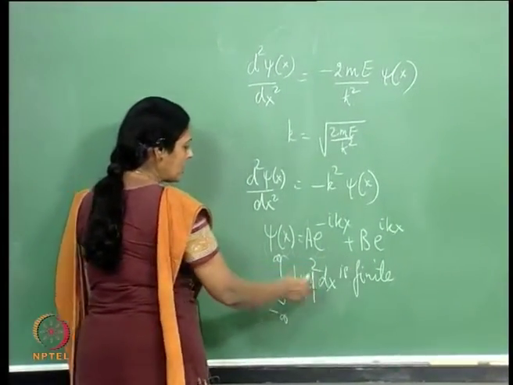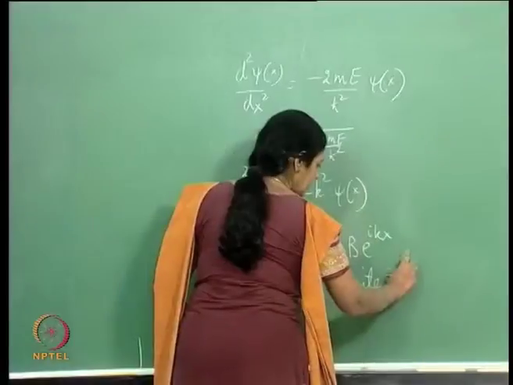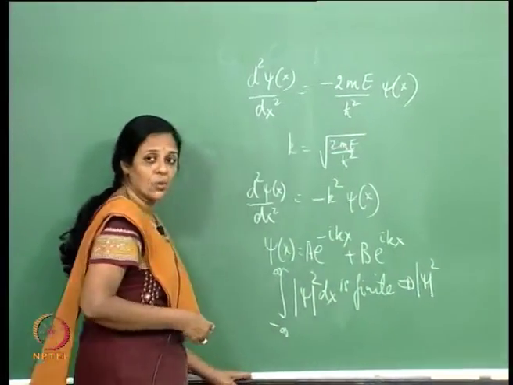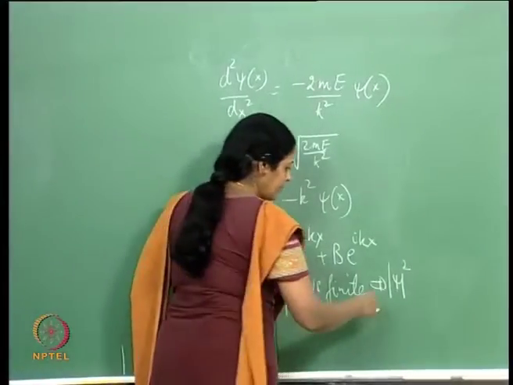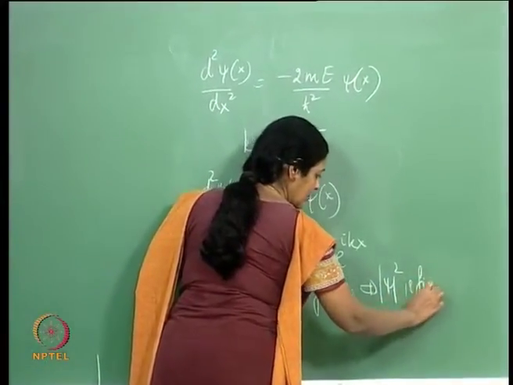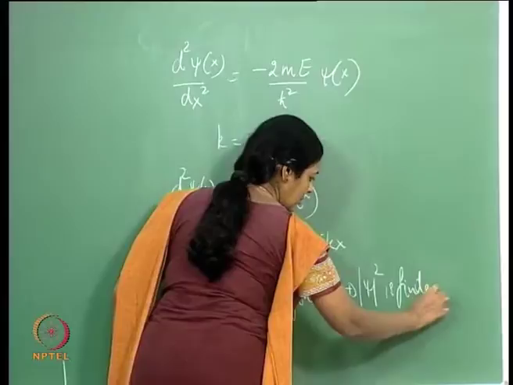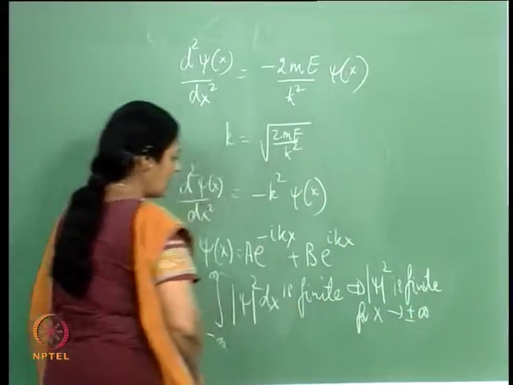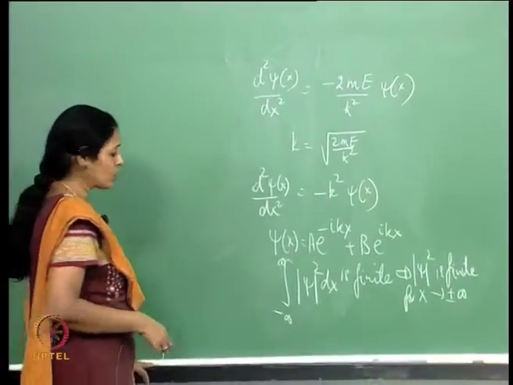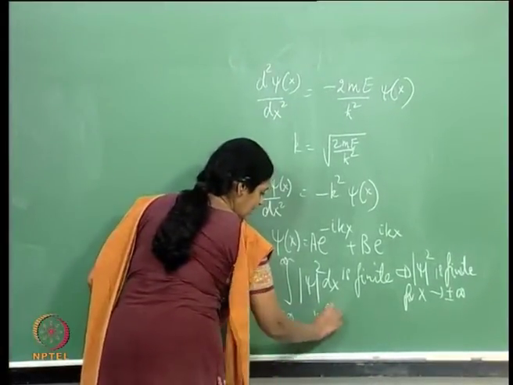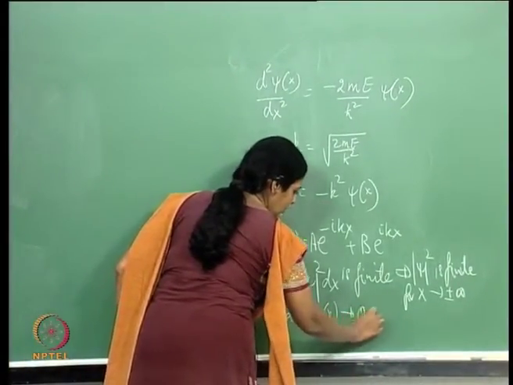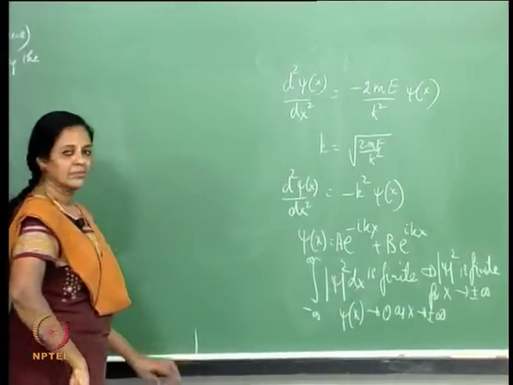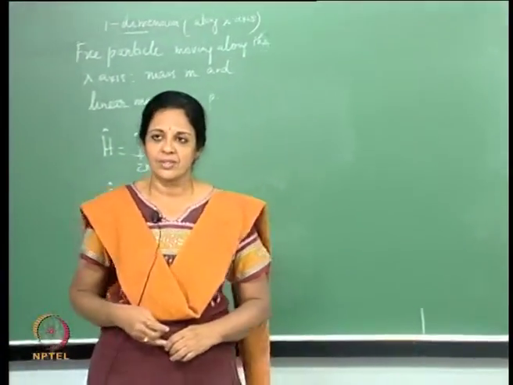This automatically implies therefore that mod psi squared is finite as x goes to plus minus infinity. And the boundary condition that we use is that psi of x goes to 0 as x goes to plus minus infinity. So, those would be the boundary conditions for this problem.